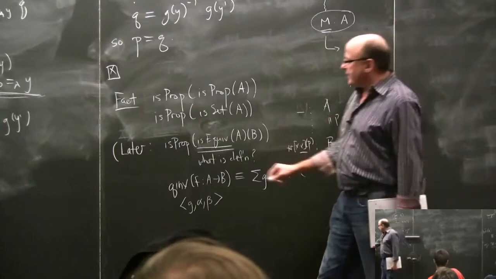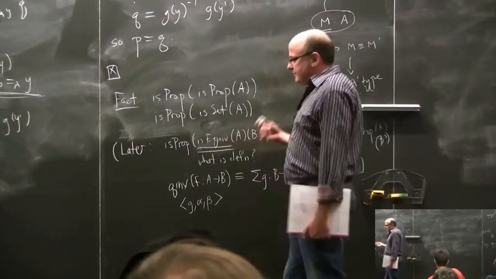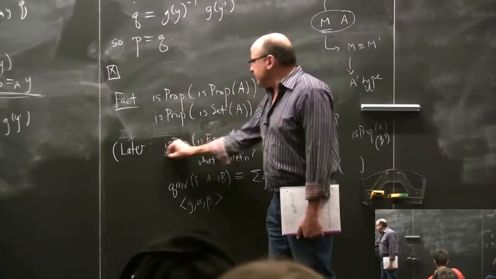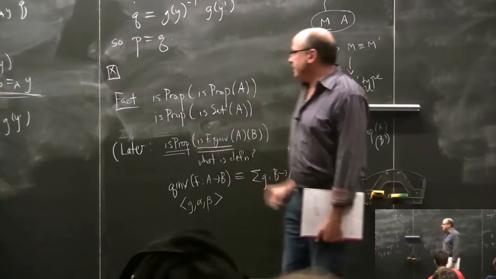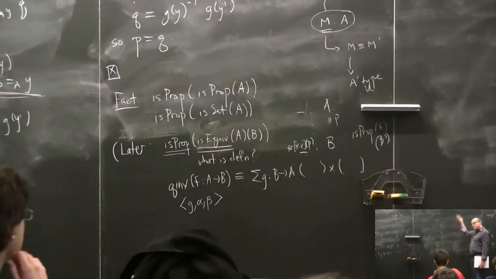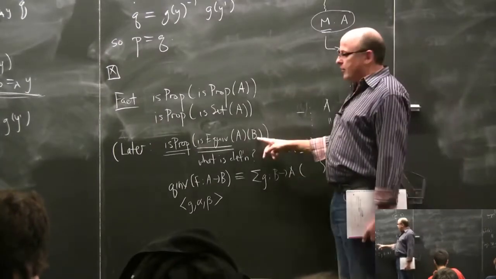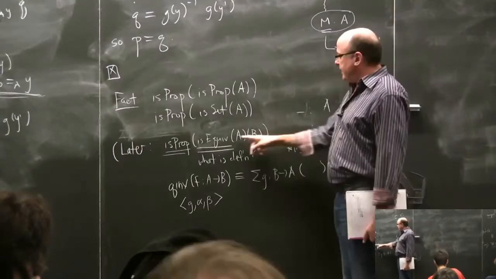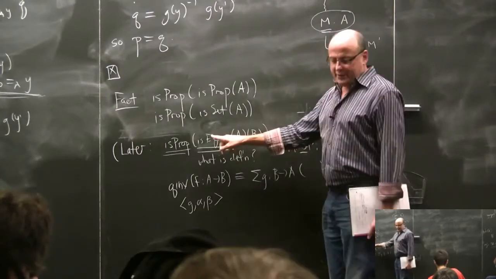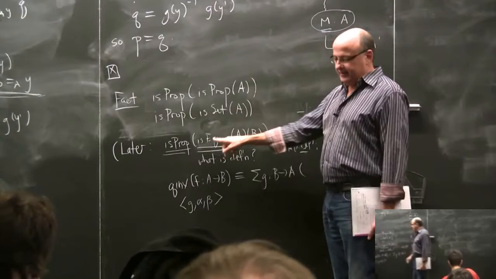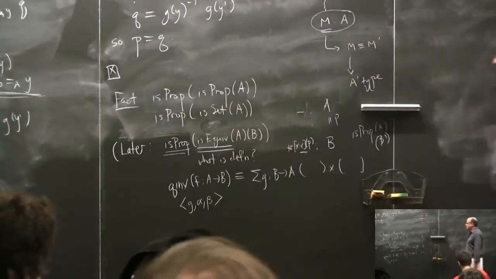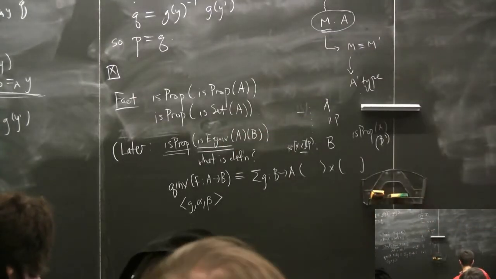And the characteristic of them is the good ones, so to speak, have the characteristic that they are props. That is, there is at most one, up to higher homotopy, there's at most one proof that A and B are equivalent, or there is an equivalence between A and B according to exactly what you mean by is an equivalence. Okay, so this is the thing that will come up later.